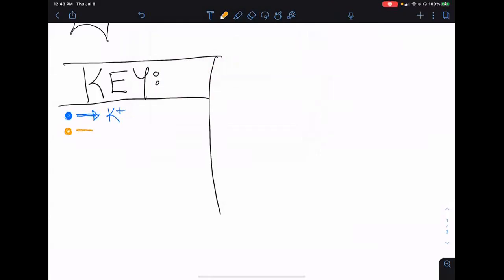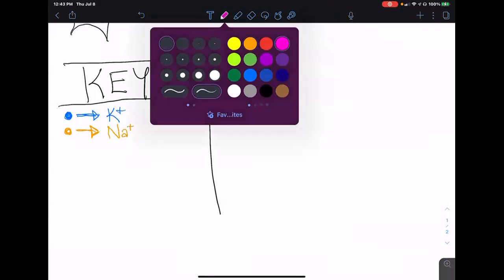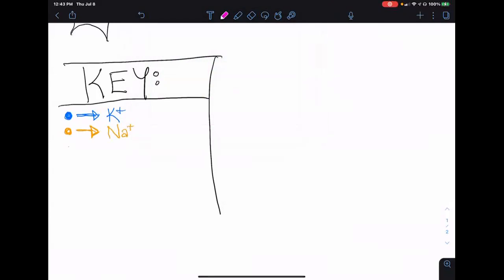The periodic table symbol for sodium is Na+. We've got more ions still to go. Our next ion is going to be this hot pink color, and this is chloride. So that's our chloride ions.